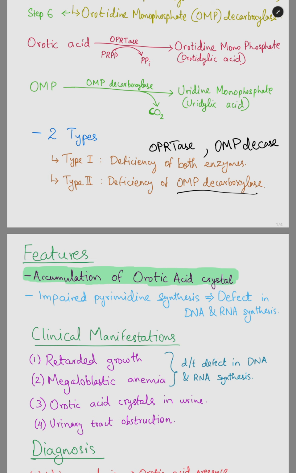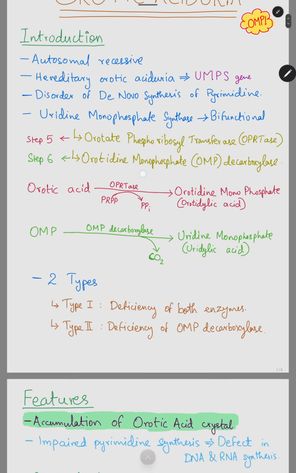In type 2, only OMP decarboxylase is deficient. So that is the introductory part of orotic aciduria.